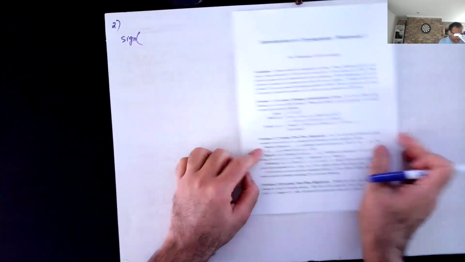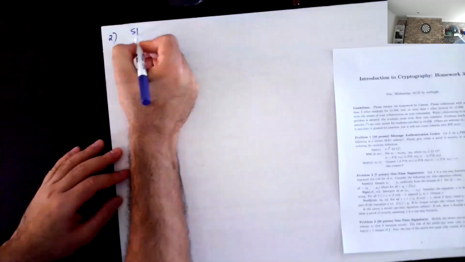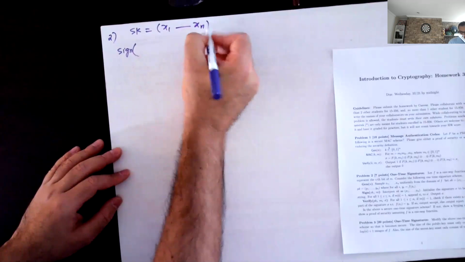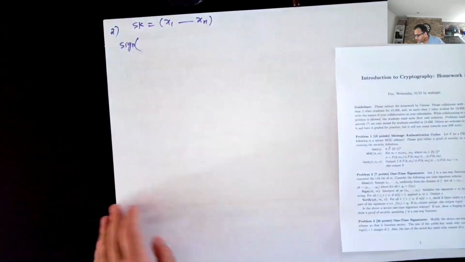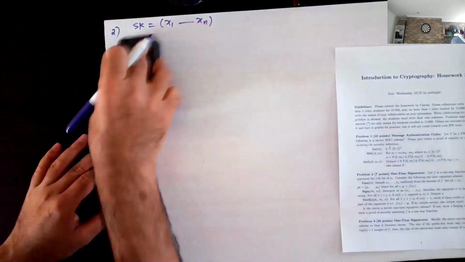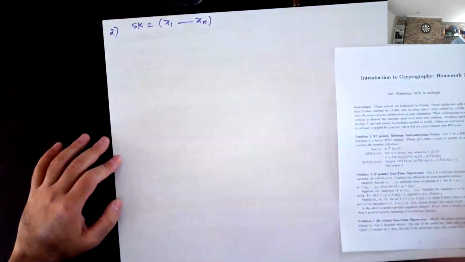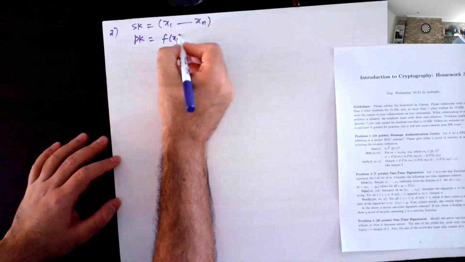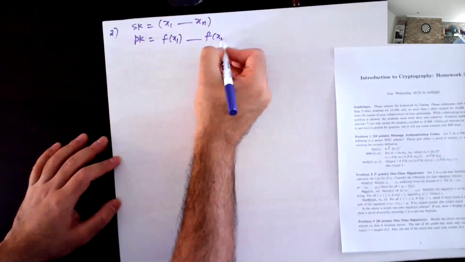The secret key sk is just x1 up to xn, and pk equals f of x1 up to f of xn.